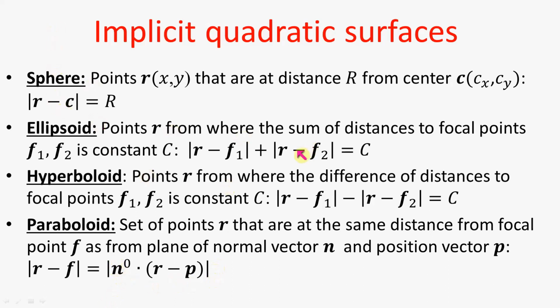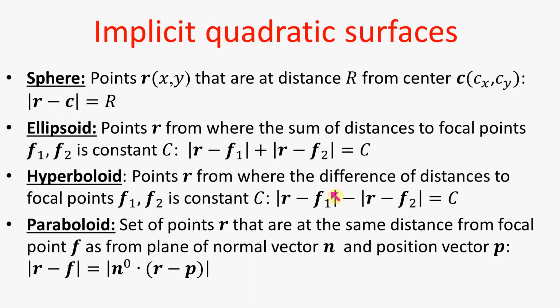In these example equations, the absolute value or the lengths of vectors show up, which means that these equations include square roots if we express them in Cartesian coordinates. We do not like square roots, we try to get rid of them, and it is possible if we compute the square of the two sides of this equation.